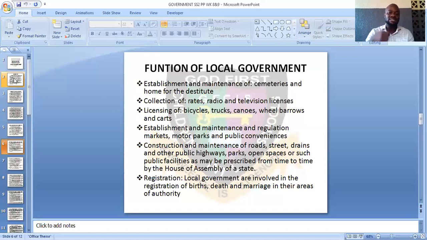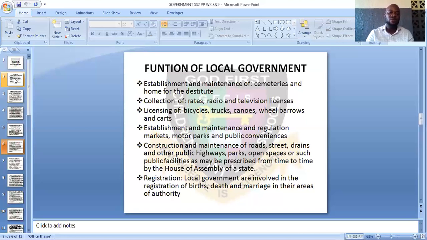Also, all those tickets that they give to the market women, the market men, those selling things in the market, and those in the motor park, for buses, for cars, moving from one location to another, or those going interstate, the tickets are given to them by the local government. The money is going to the local government account.